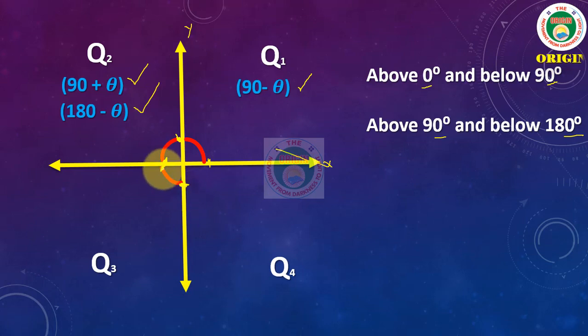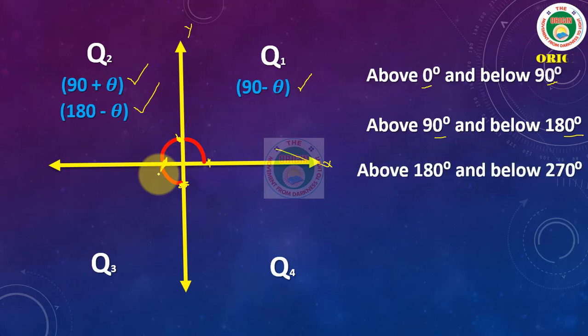That is another 90 he made. That means 180 above values we are taking, and here at this place he made an angle of 270 degrees. That means above 180 and below 270.